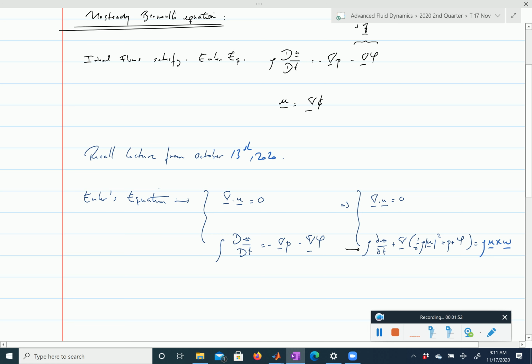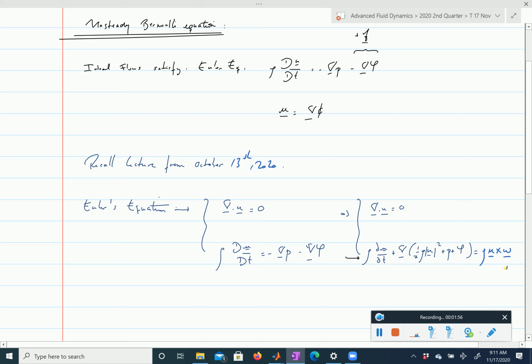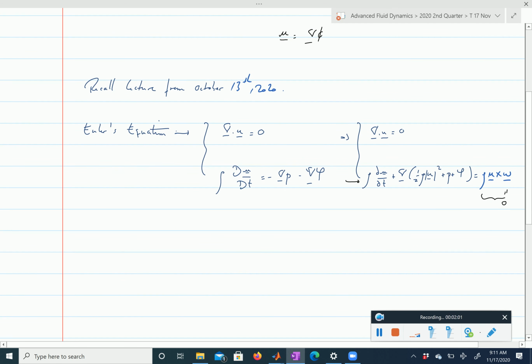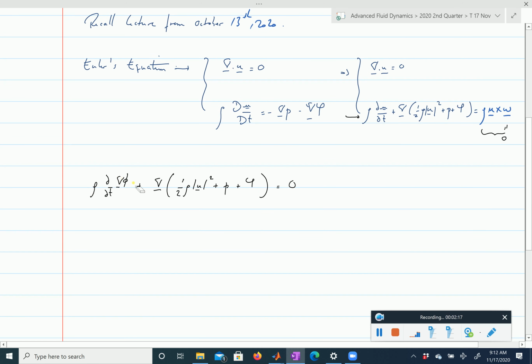Now, if we assume the flow to be irrotational, then this term here is strictly equal to 0, and therefore the left-hand side of this equation is equal to 0. What I'm going to do now is write u as the gradient of phi, and therefore what we have is that rho times partial t of the gradient of phi plus the gradient of 1/2 rho u squared plus p plus phi is equal to 0.